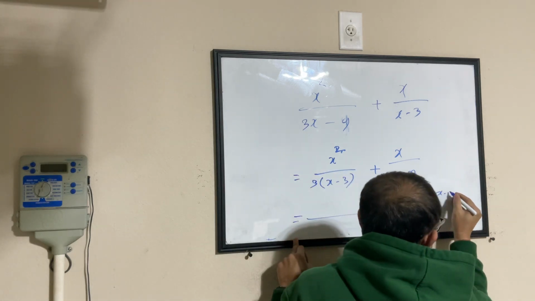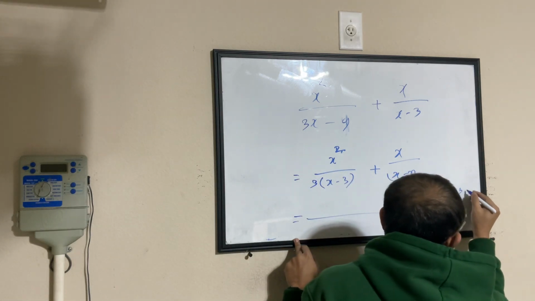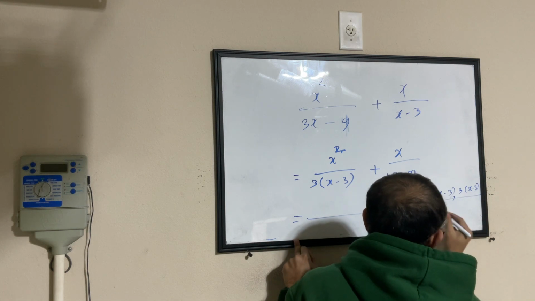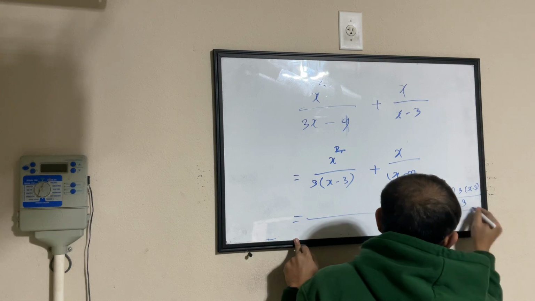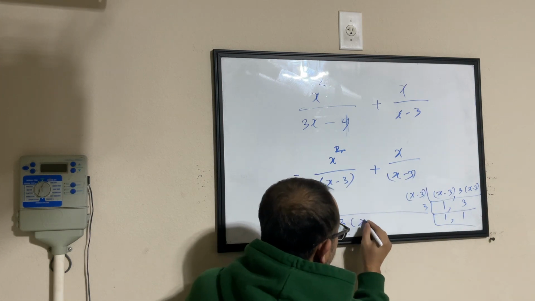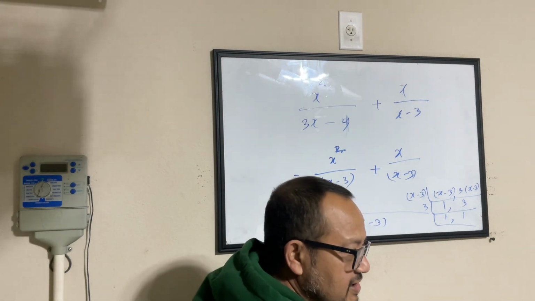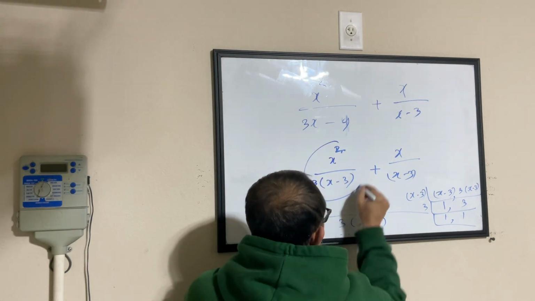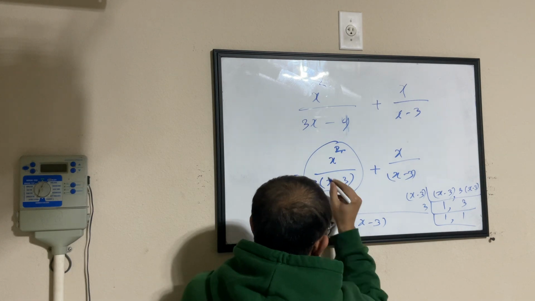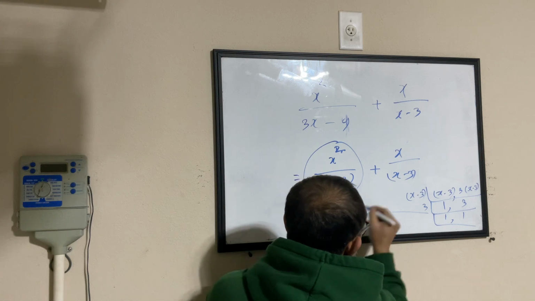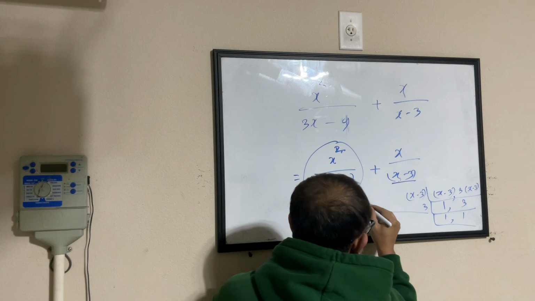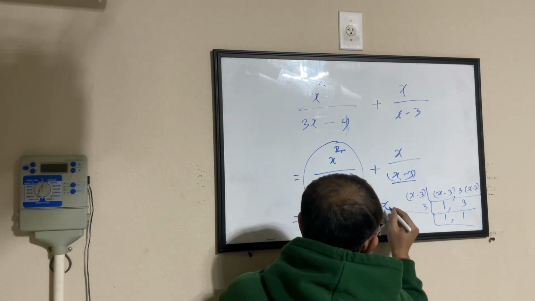So LCM of these two, same thing, like you always do. So first is x minus 3, it becomes 1, it becomes 3, and then you take 3 out, 1, 1. So 3 into x minus 3, this is your LCM. When you look at the first term, this is same as this one, so it becomes 1 times the numerator, which is x squared, plus here it will be 3 times of this, will get you this value, so 3 times of the numerator, 3x.